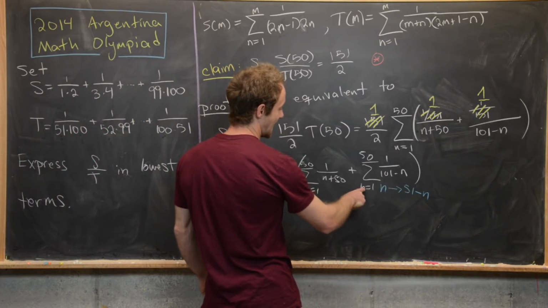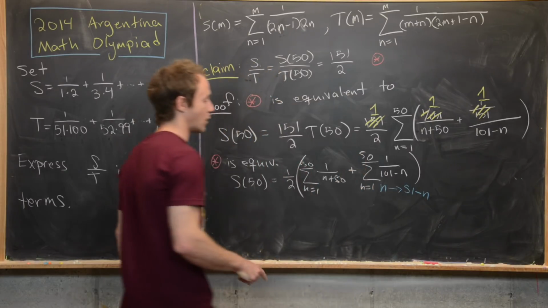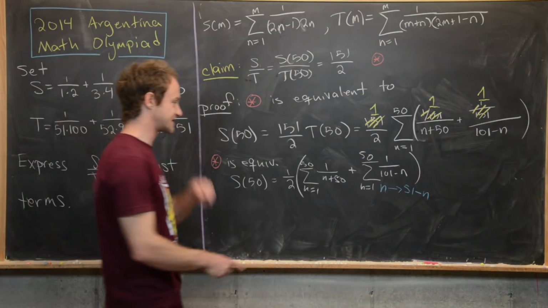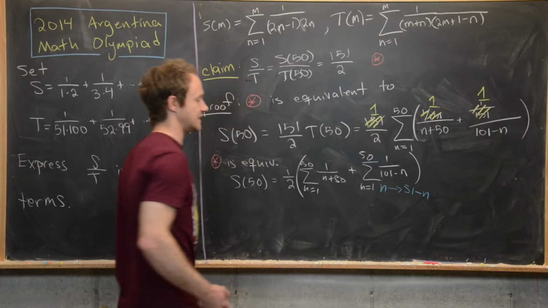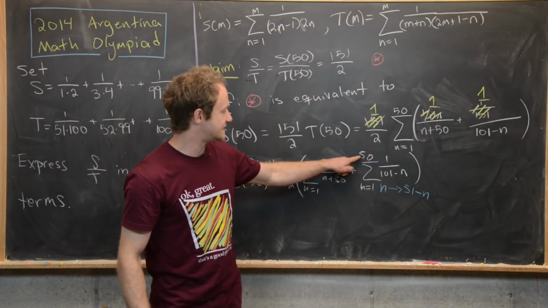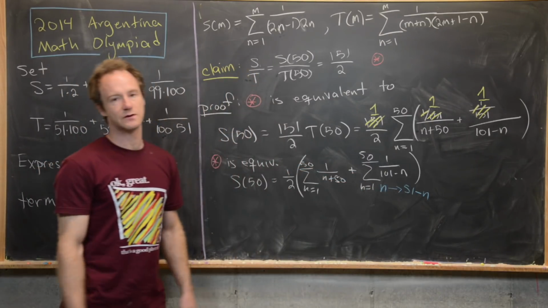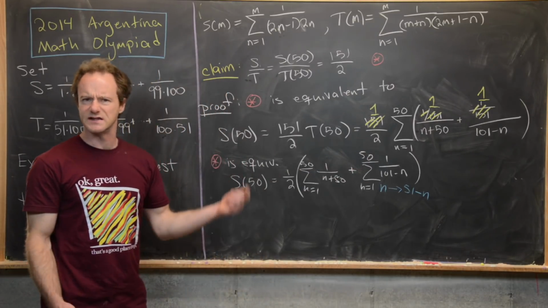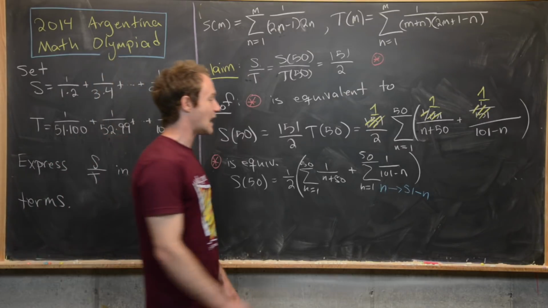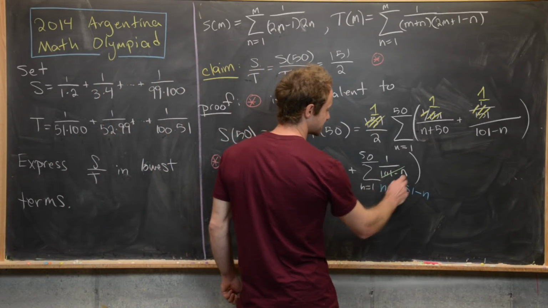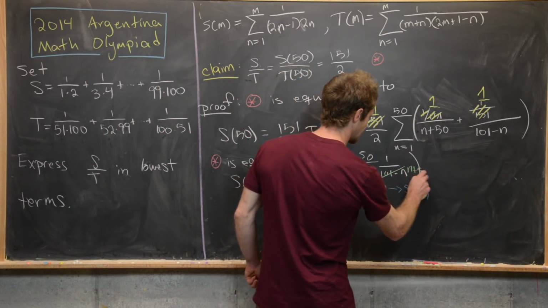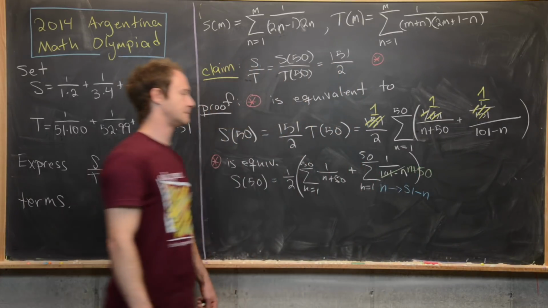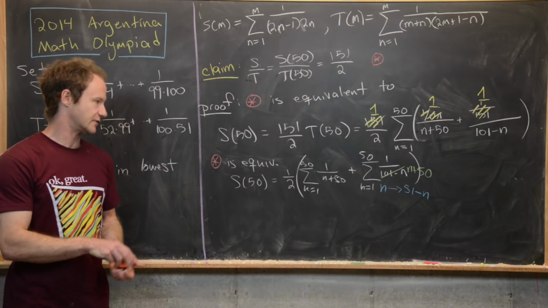So that means now I'm going to swap the order of my summation here, but it will still be from 1 to 50. So notice when n is equal to 50, 51 minus n is equal to 1. And then when n is equal to 1, 51 minus n is equal to 50. But now what goes on in here, you can see that this part right here is going to be exchanged with n plus 50. And that's pretty easy arithmetic to see.